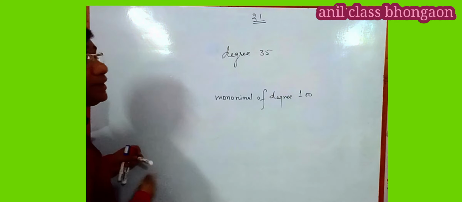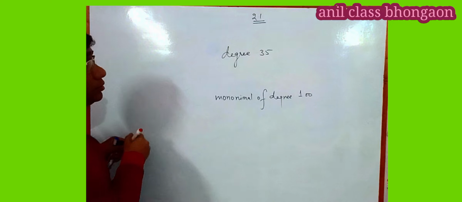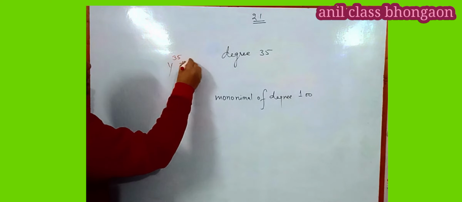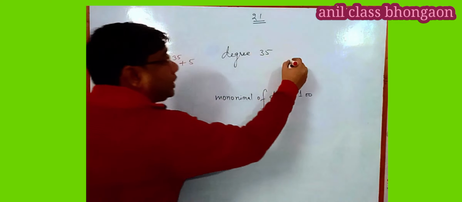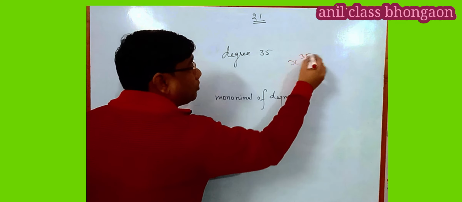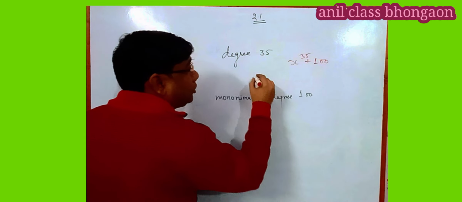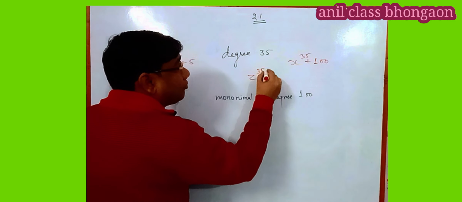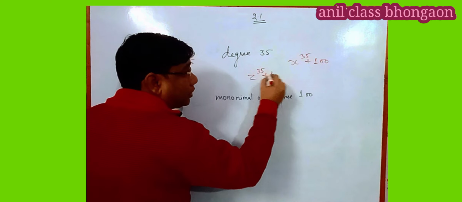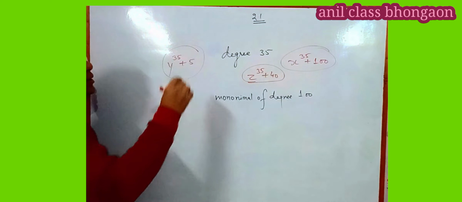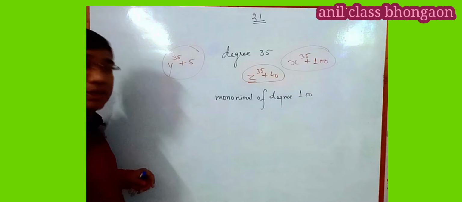You know that for degree 35, you can write y to the power 35 plus 5. You can also write x to the power 35, and you can also write z to the power 35 plus 40. So there are a lot of solutions, but the degree is always the same, 35.